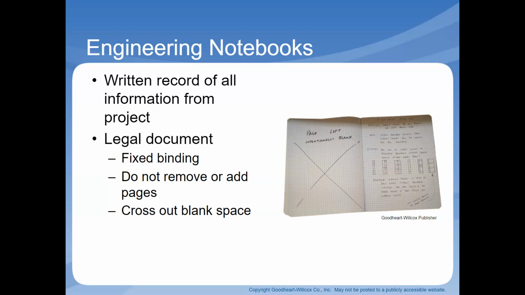You only write in pen so that you don't erase. You don't remove or add any pages. It's graph paper on the inside, but it's a bound notebook like the composition notebooks that you all use in ELA, so that you can't remove any pages. No pages could ever be missing. And it's fixed, and the reason it's fixed and bound is because it's a legal document.